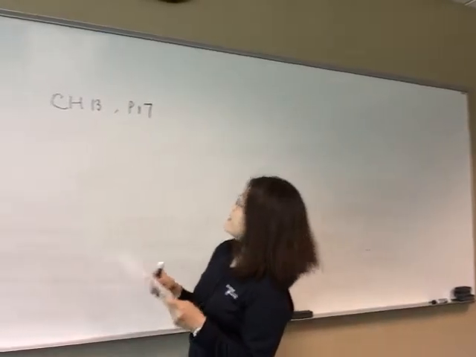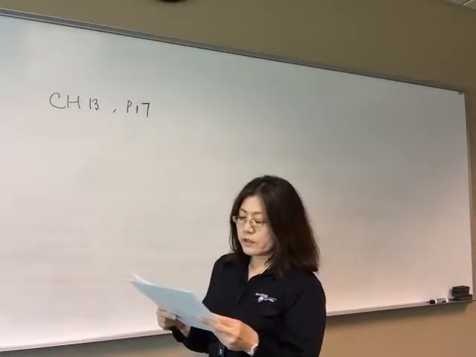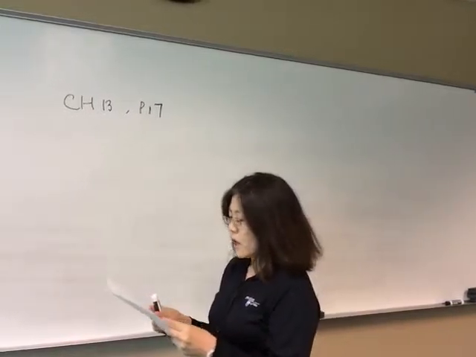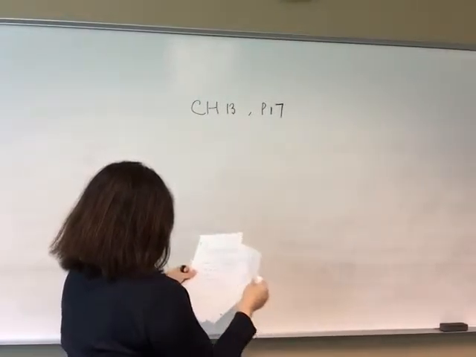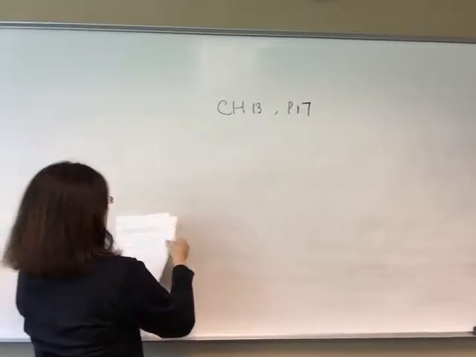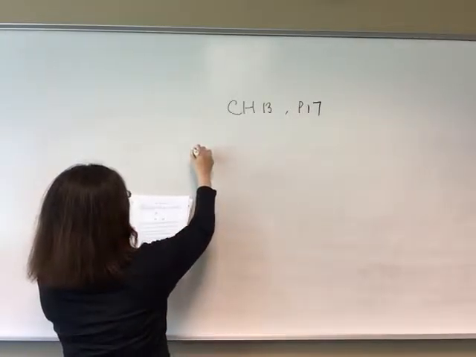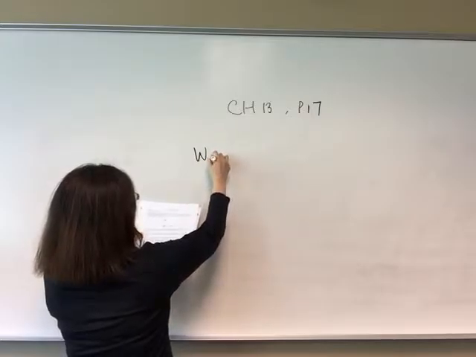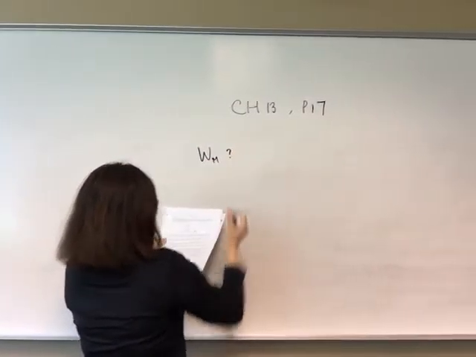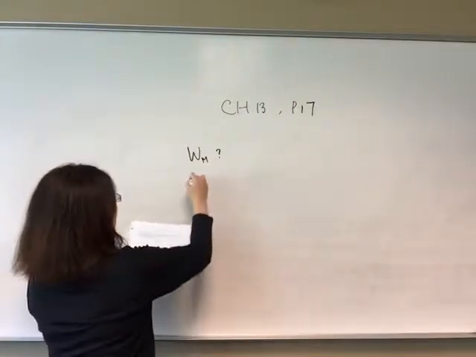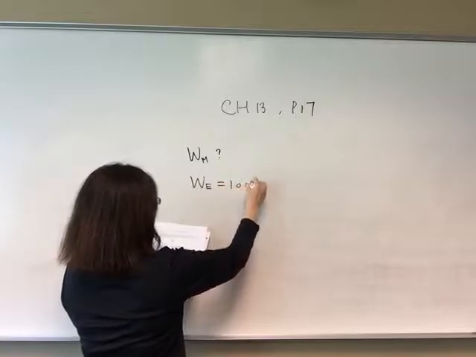Okay, so problem 17. What would an object weigh on the moon's surface if it weighs 100 newtons on Earth's surface? Okay, so let's draw a diagram. What is the object on the moon? I'm just going to call that WM. So what would that be when the same object weighs, let's say, on Earth, 100 newtons.